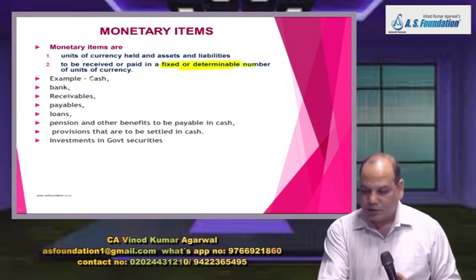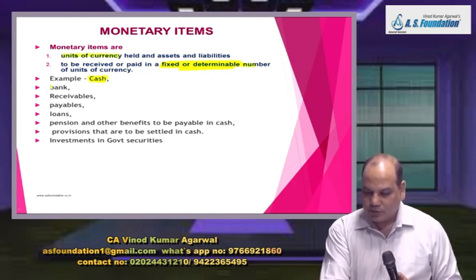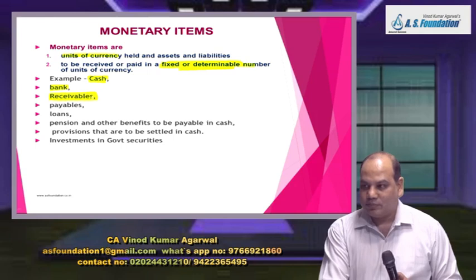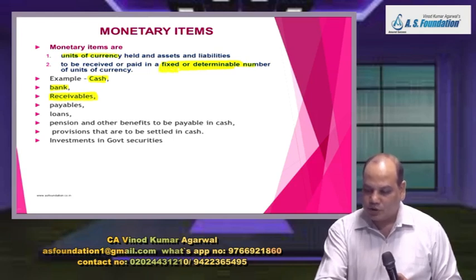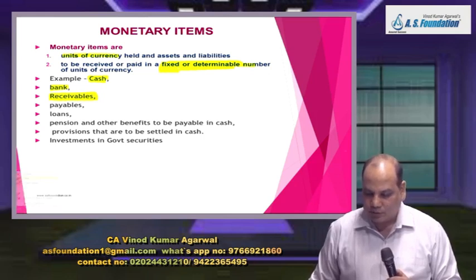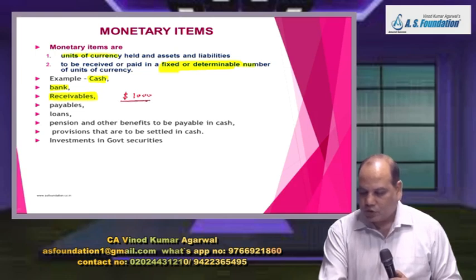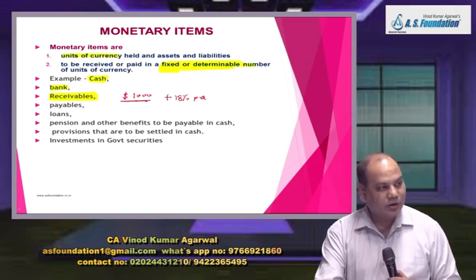An example will help us to understand. Cash is a unit of currency. Bank, receivable. Why is receivable a monetary item? Because we have to receive a fixed amount of money. Say for example, I have a dollar 1000 debtor. So this is a fixed amount. If it delays by more than 1 month, interest at the rate of 18% per annum will be charged.